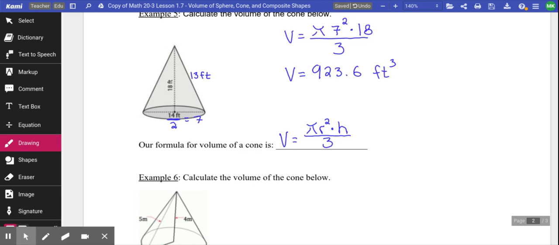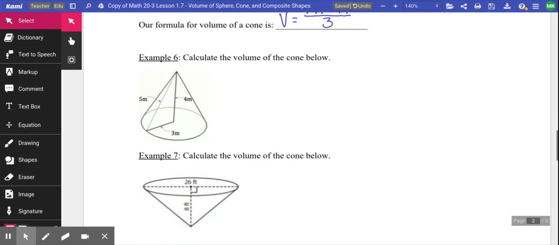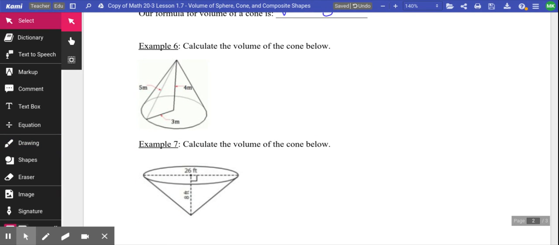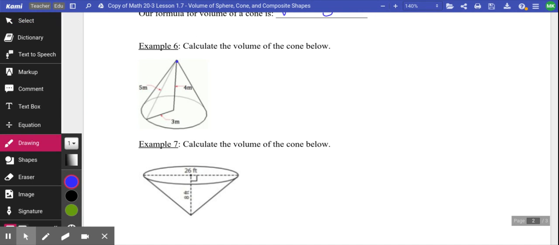Okay, we look at this question. This is an example where they give us slant height and height, so you need to know which one's which. You want the height from the middle to the top. Don't use the slant height.